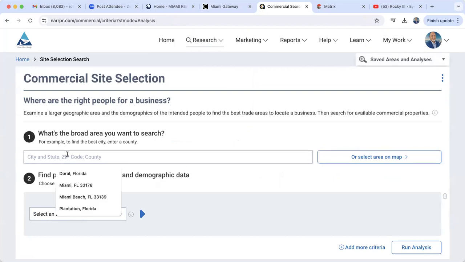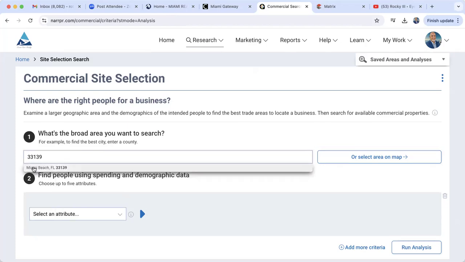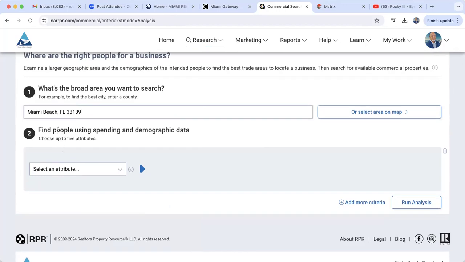So let's say we have a client that is looking to open a particular business in zip code 33139. All right, 33139, that's South Beach. So 33139, we're going to go ahead and click on that. Okay. Next, find people using spending and demographic data.